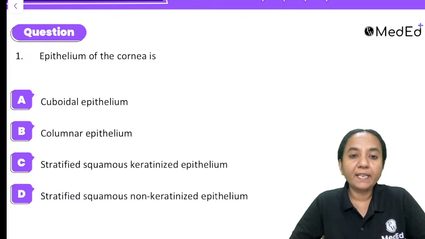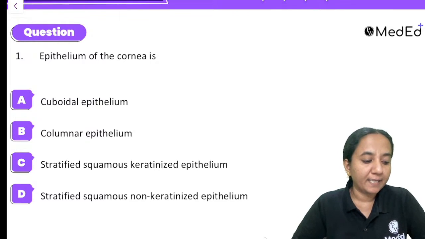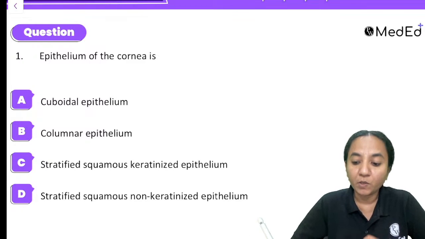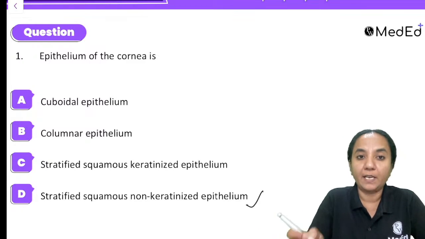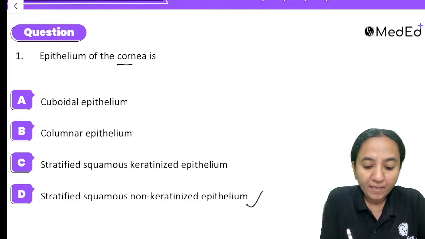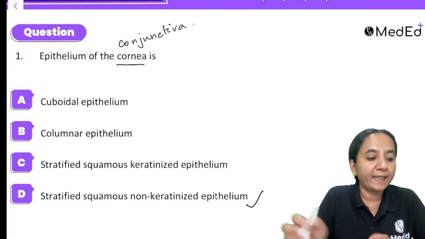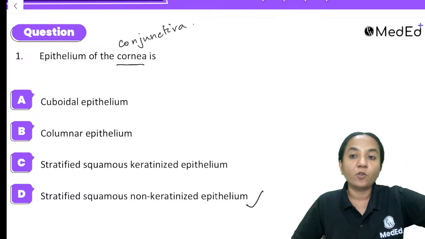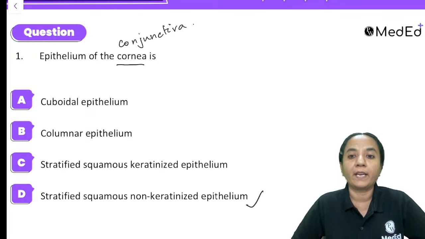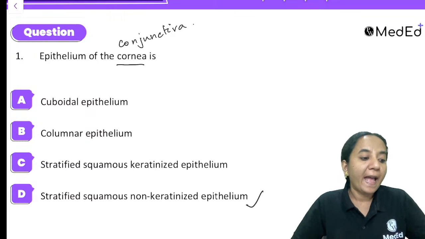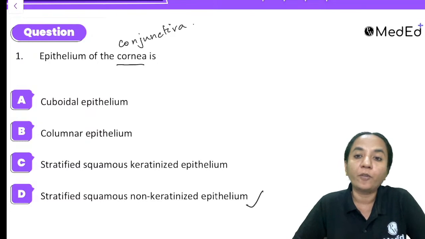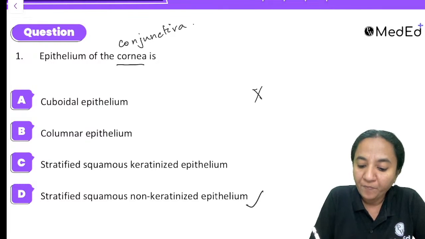Correct. Some of you have given me the correct answer. It is stratified squamous non-keratinized epithelium. Please remember, the epithelium of the ocular surface, that is, both the cornea and the conjunctiva, is stratified squamous non-keratinized epithelium. And what is xerophthalmia?